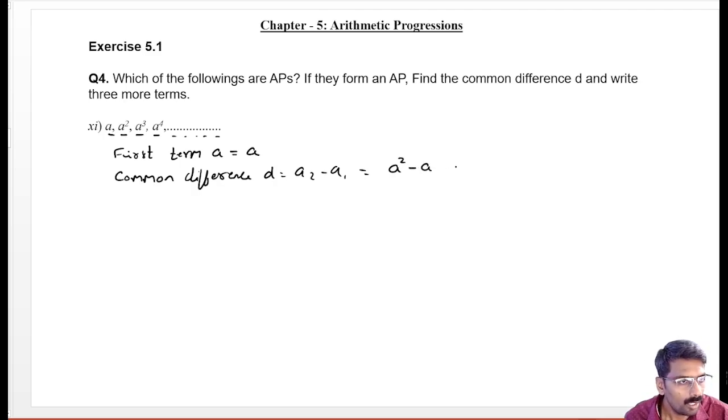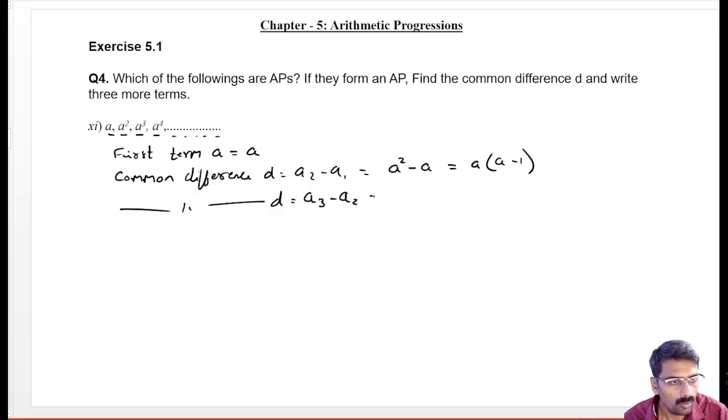So we can take a as common here. So if we take a common, it would be a minus 1. Similarly, the common difference a3 minus a2 would be a cube minus a square. So we can take a square as common here. If we take a square as common, the remaining would be a minus 1.